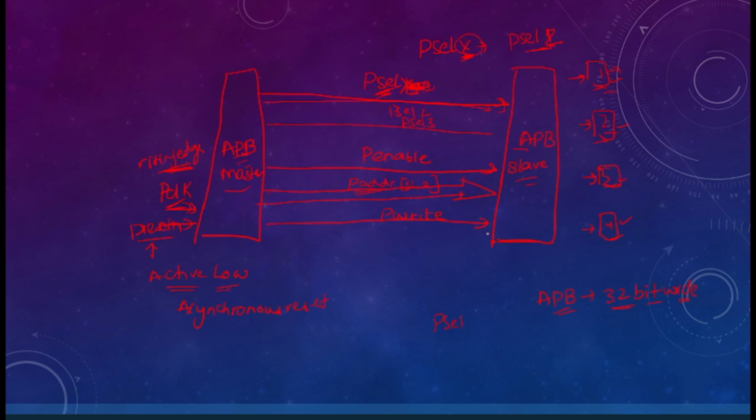Whether to do the read transfer or the write transfer depends on the p write signal. That means if p write equals 1, then a write transfer takes place, and if p write equals 0, then a read transfer takes place.